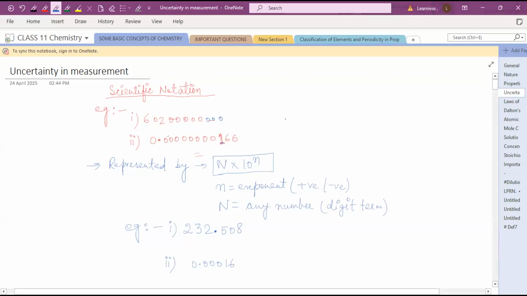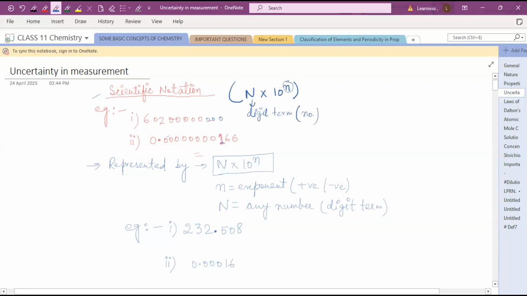So for very small and very large numbers, scientists have given some notational term, a general formula to represent these type of numbers. It's N into 10 raised to the power n. N into 10 raised to the power n. And what is N over here? N is your digit term, means your number, any number, right?